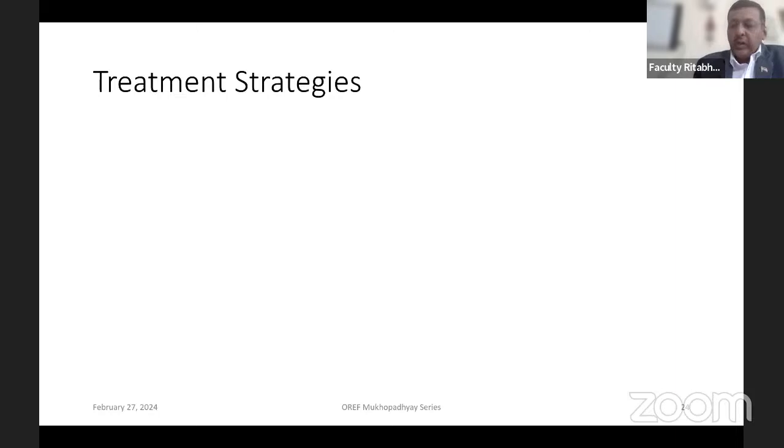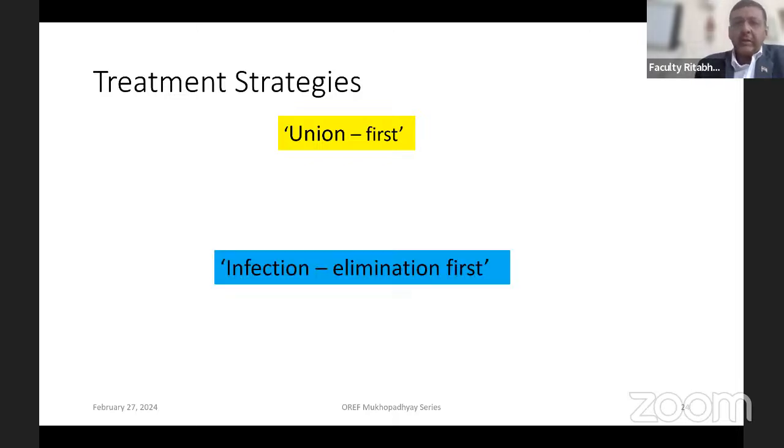So for any patient with fracture-related infection, there are two treatment strategies. One strategy is, if the patient is not very sick and the implant is doing its job, you can try for a union first. Let the fracture unite and then think of implant removal.